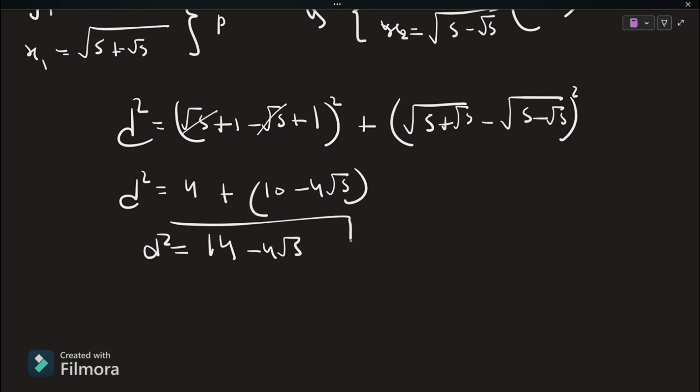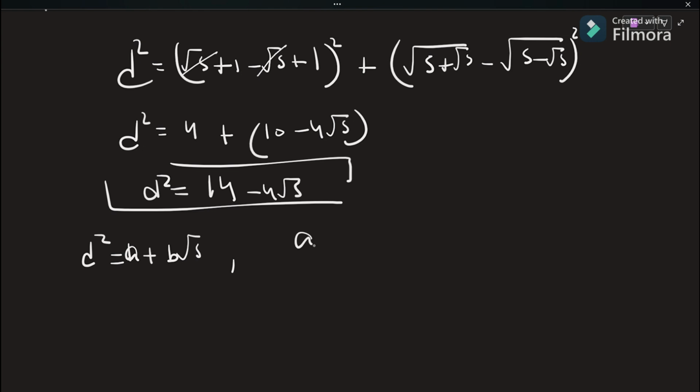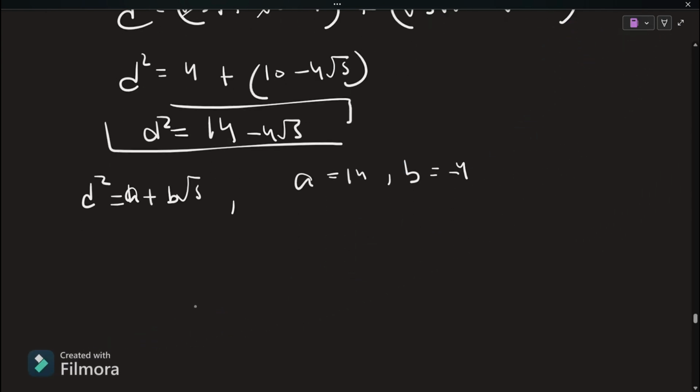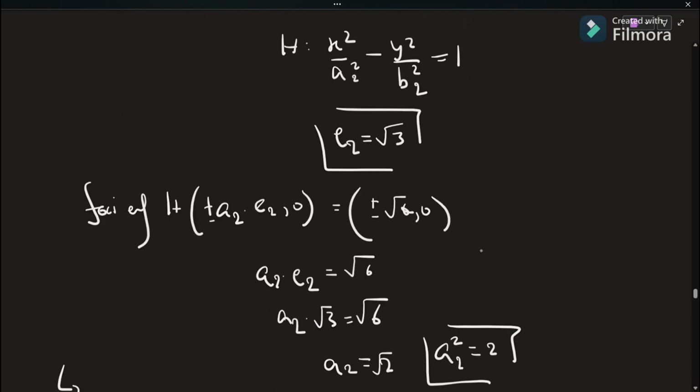Yeah, this is the answer. Now compare D square equals A plus B root 5. Now A equals 14, B equals minus 4, and we want A minus B, which is 14 plus 4 equals 18. So this was an easy question for all the students.